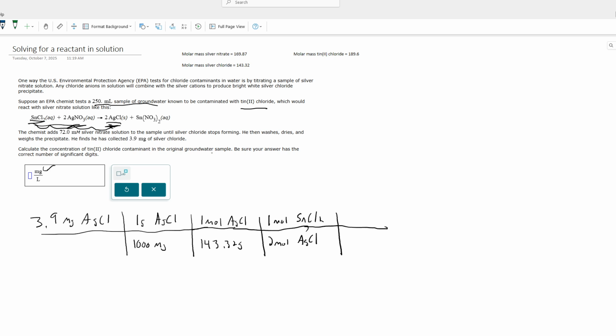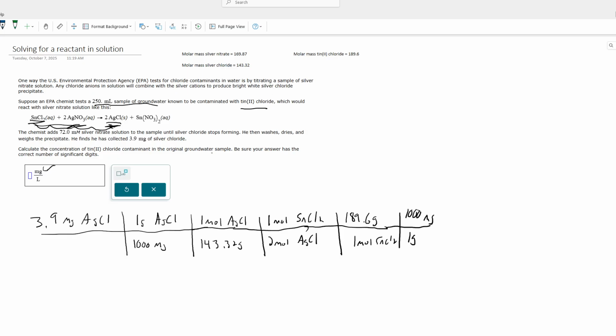So let's come back out into grams using the molar mass, which I looked up for the tin chloride. In 1 mole of the tin chloride, there are going to be 189.6 grams. And we want this in milligrams, so I do know that in 1 gram there are 1,000 milligrams.